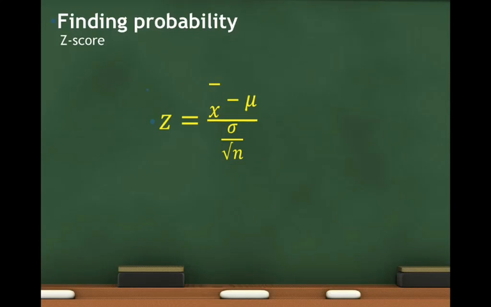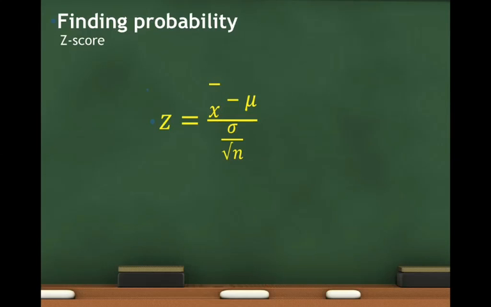And so to find the probability, you find a z-score like we did earlier. The only difference is our standard deviation there at the bottom. And so what you have to do is find the z-score. And so you take the sample mean x bar minus your population mean mu and divide it by your standard deviation for x bar.